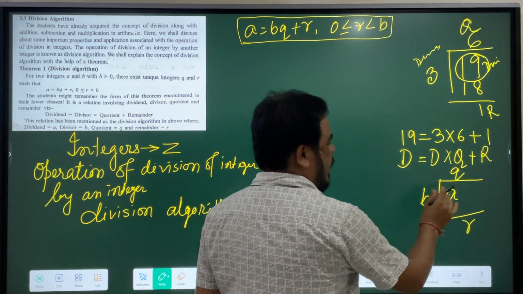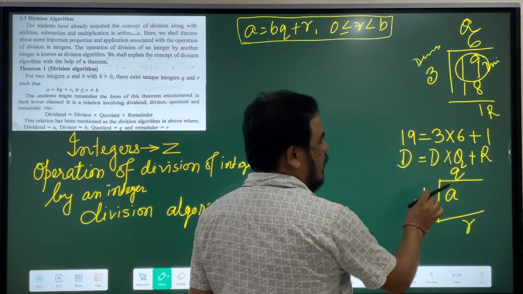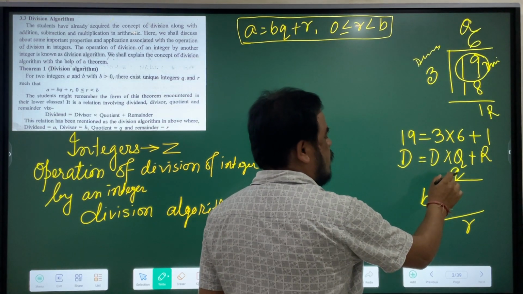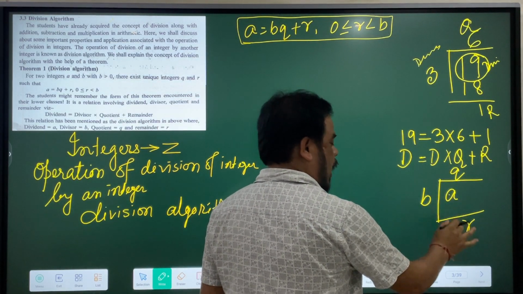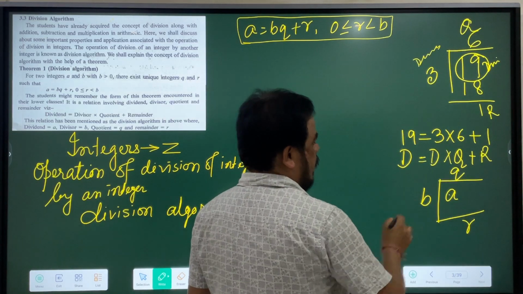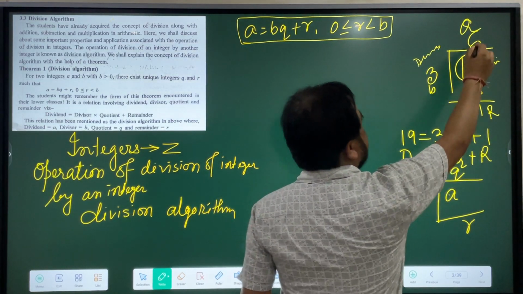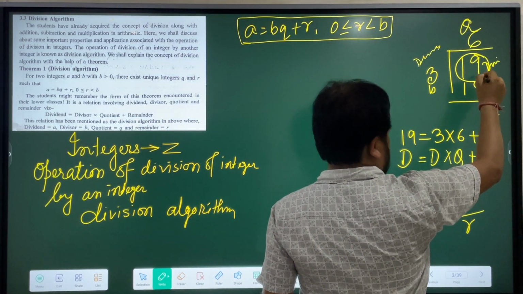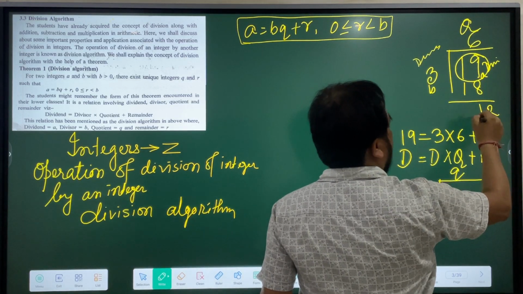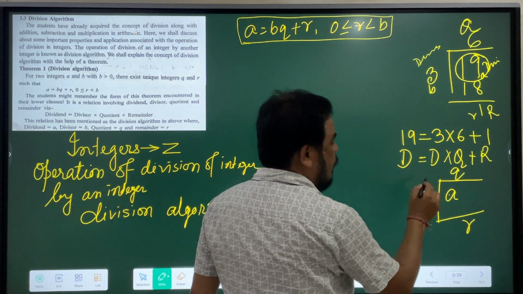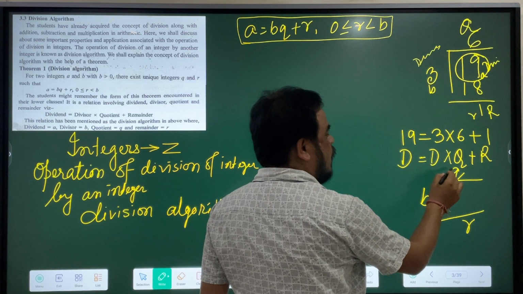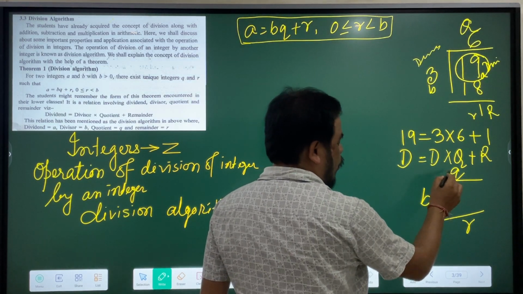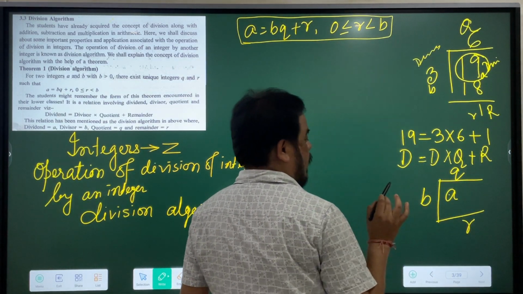See, b and a are different letters, but quotient is q and remainder is r. This one you can remember. This is b, this is q, this is a, and this is r. So if you divide a by b, you will get a quotient q and a remainder r. I hope you understand.